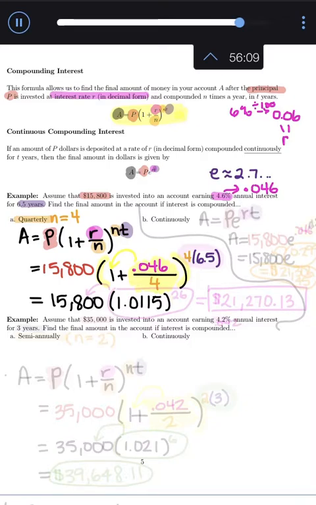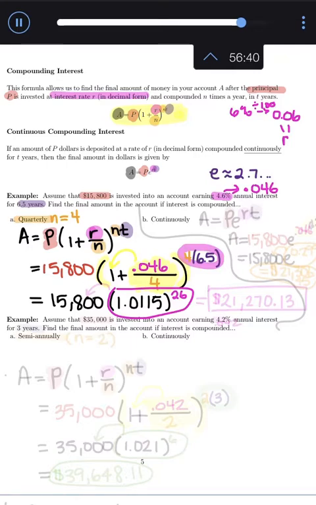And I might as well figure out what that new exponent is. I can go ahead and do the math by figuring out what that multiplies out to. 4 times 6.5 is just going to be 26. Now the question is, what do I do? Well, order of operations says I need to do the exponent first. So I'll take my 1.0115 and raise it to the 26th.